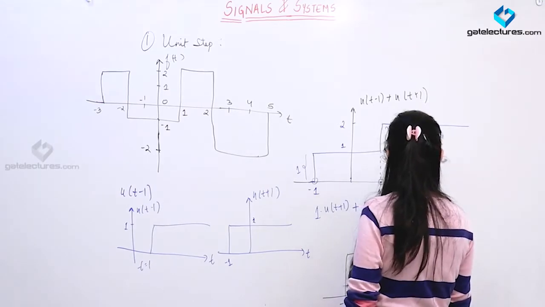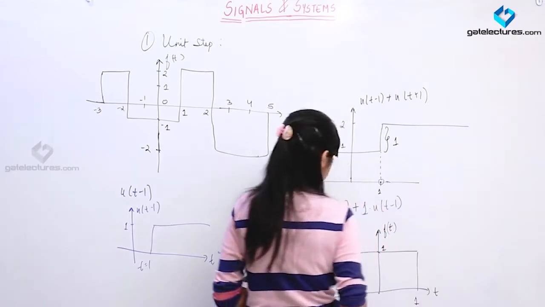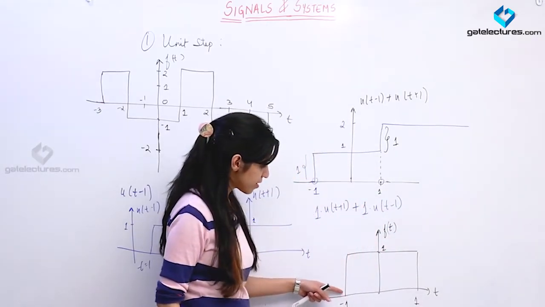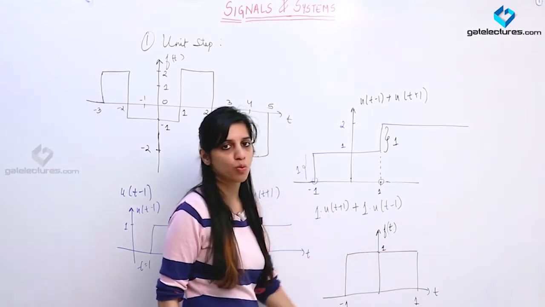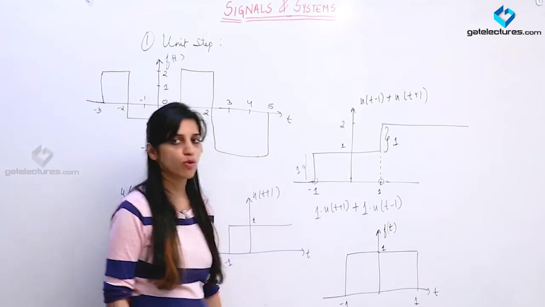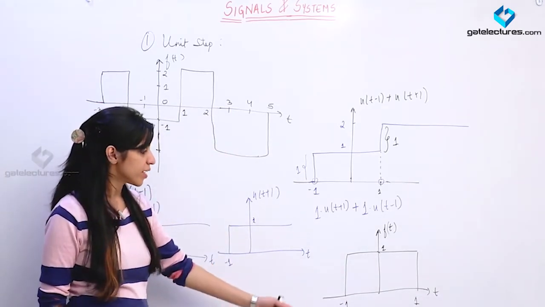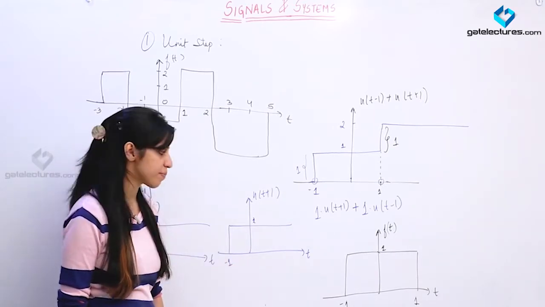So next, suppose you've got a signal like this. Here also you can see that it consists of 2 steps only. The first step lies at minus 1, and then we again have a step at t is equal to 1. So this signal consists of only steps. If a signal consists of only steps, we can represent it as a sum of shifted step signals.